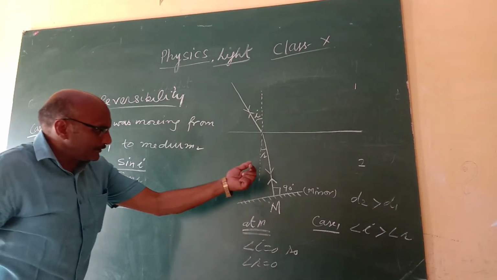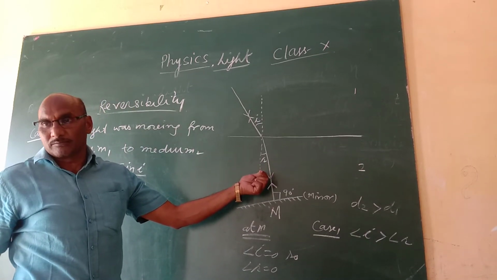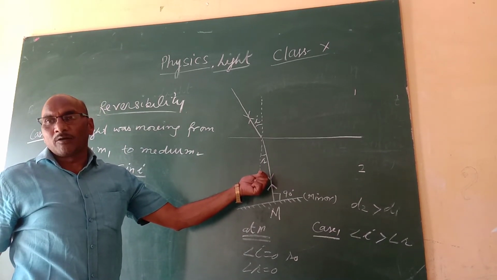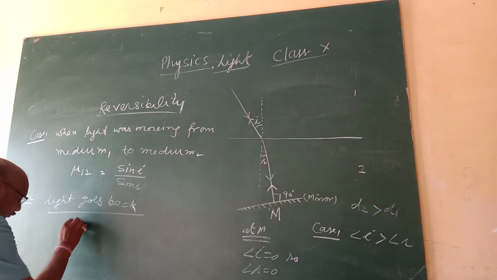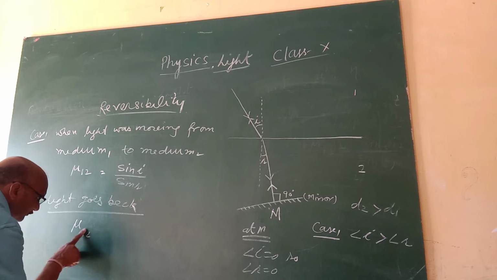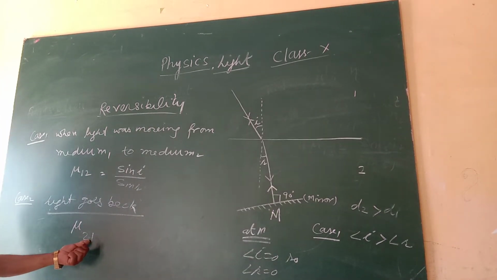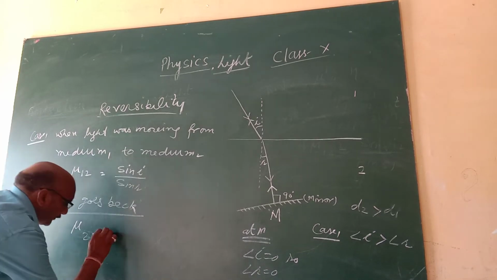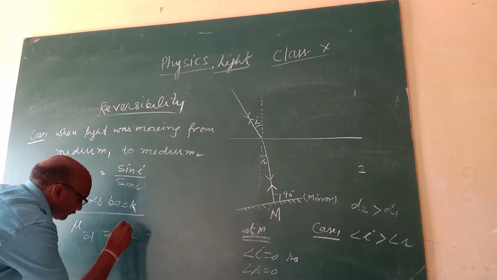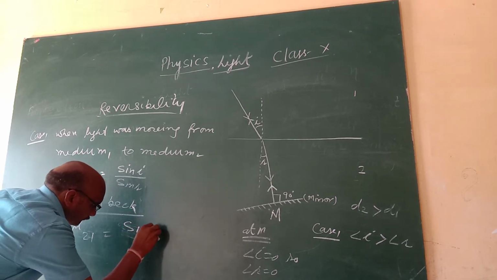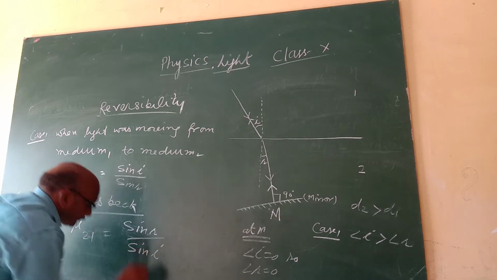So in case 2, the angle of incidence will be angle r and the angle of refraction will be angle i. So mu 2 1, the refractive index of medium 1 with respect to medium 2, will be equal to sin r upon sin i.